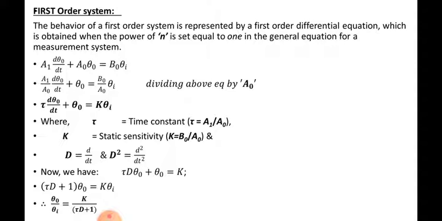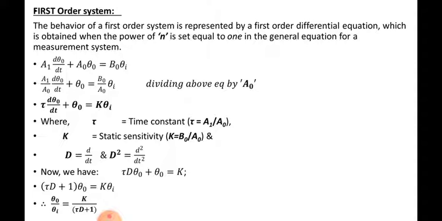That's why tau d theta o by dt plus theta o equals k theta I, where tau is the time constant, a1 by a0, and k is the static sensitivity constant, k equal to b0 by a0, and capital D equals d by dt, and D square equals d square by dt square.